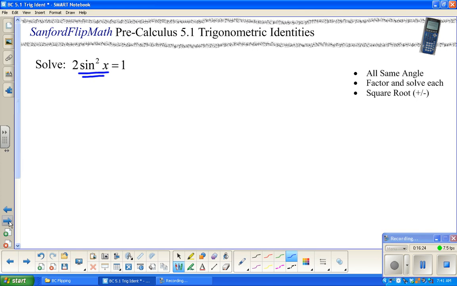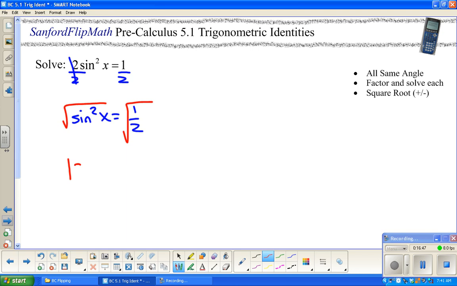All right, so instead, I'm going to divide both sides by 2. So I have the squared by itself. And then let's take a little square root on both sides. Now, just a reminder that if you're going to take the square root on both sides, then technically what's supposed to happen here is there's an absolute value of sine x equals the square root of 1/2.